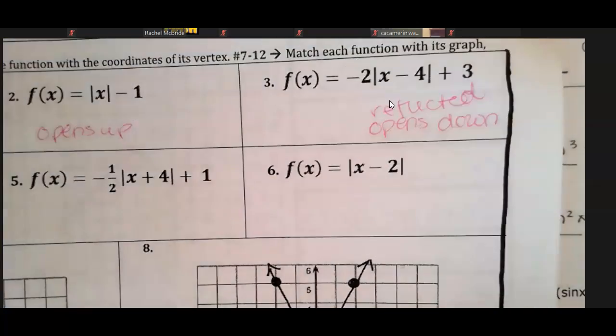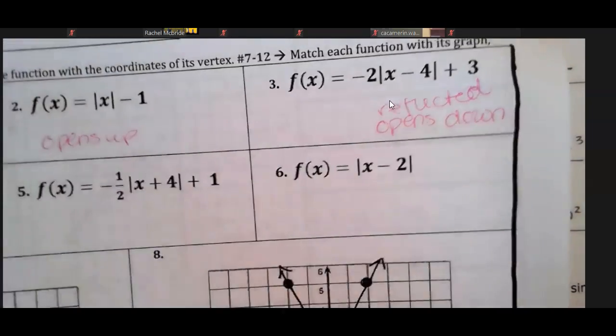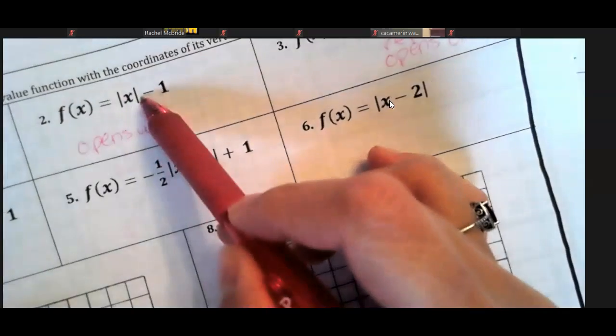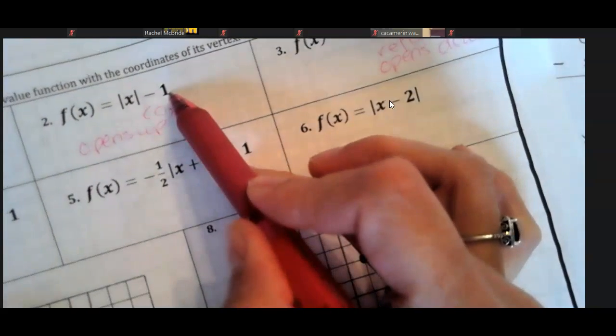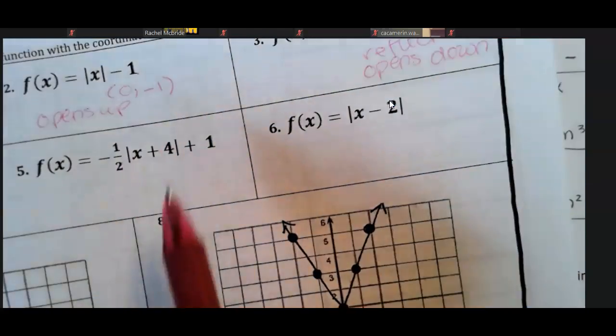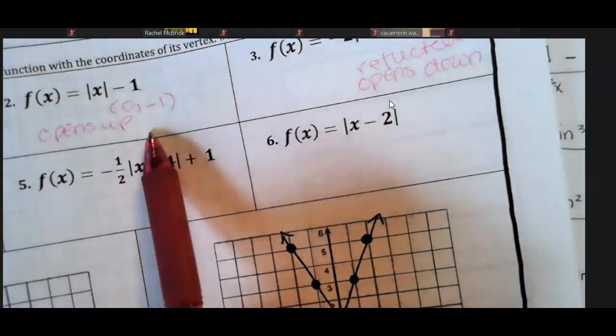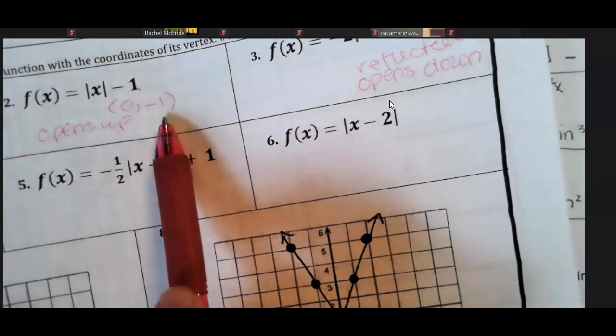So something like number 2 that you were asking about, there's no h value, so my vertex is 0. The k value is the sign it is, so it's -1. So when I'm looking for my answers, I'm looking for a vertex of (0, -1).